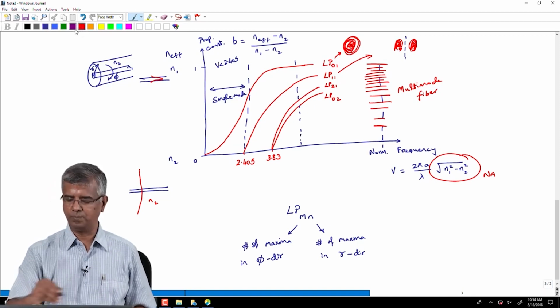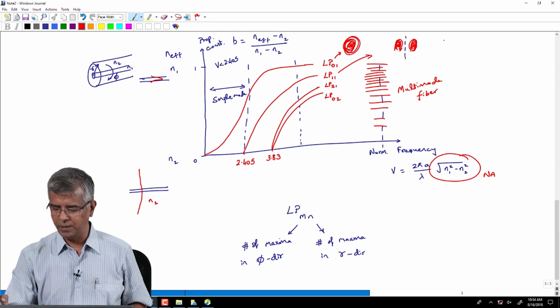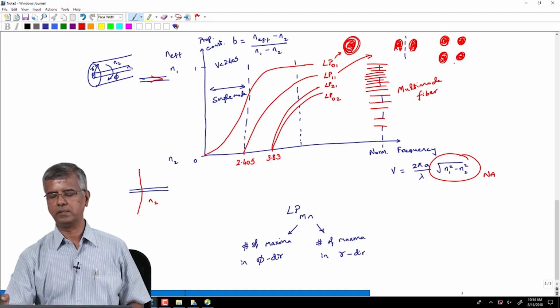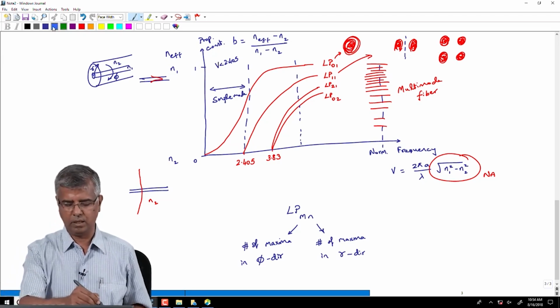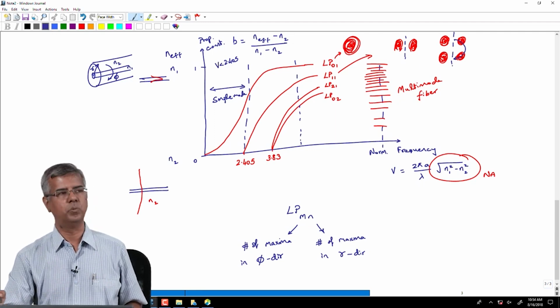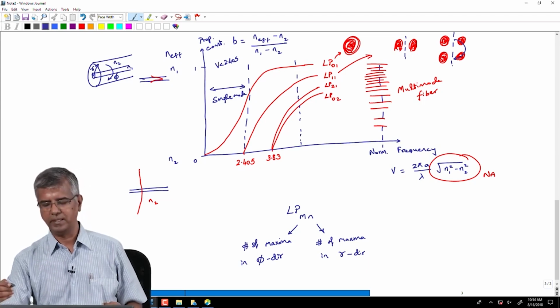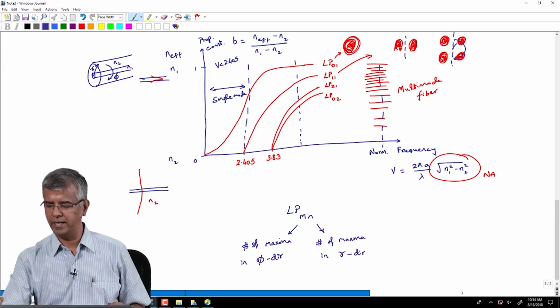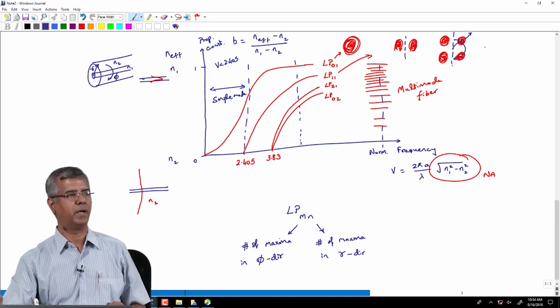So, you can imagine what an LP21 mode looks like. It has these 4 lobes like this. Once again, when we look at the half azimuth, you are going through 2 maxima. That is why you are calling it LP2, and then going radially outwards you have only 1 maxima.